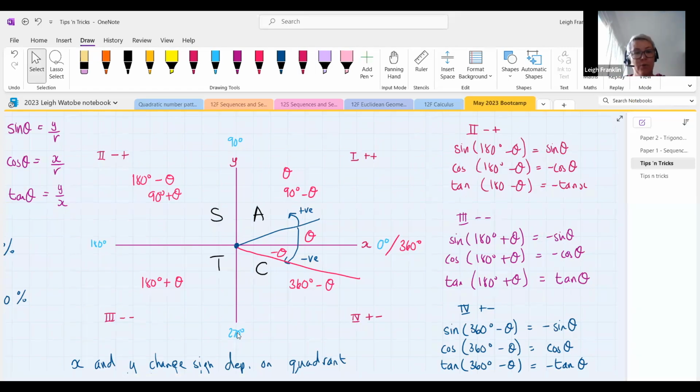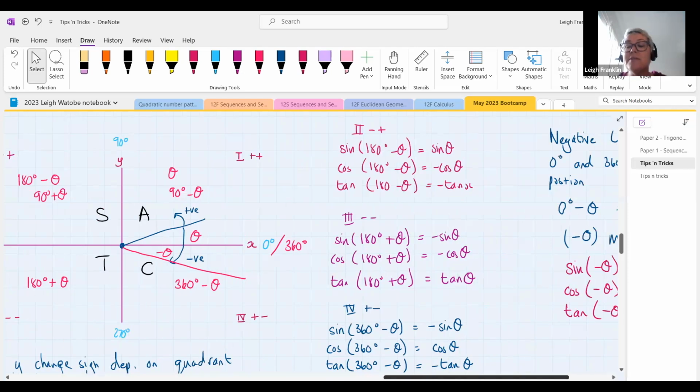For example, negative 180 degrees, you're in the same position, because if you go plus 180 or minus 180, 180 is always going to be a straight line. Okay, so negative angle simply means that the terminal arm is swinging in the opposite direction. It is swinging in a clockwise direction as opposed to an anti-clockwise direction. That's where we get negative angles from. Okay, and negative angles are easy for us to deal with.